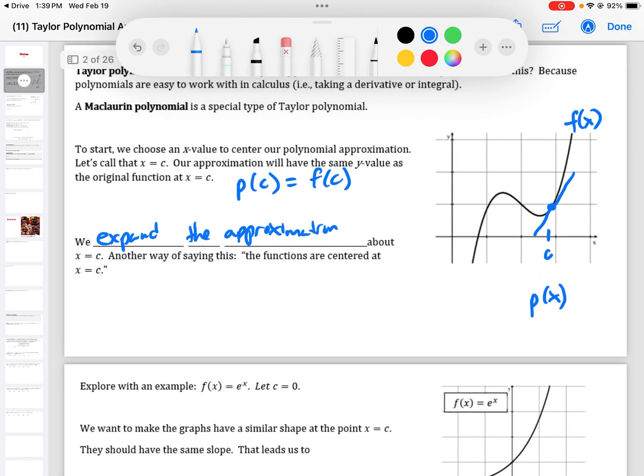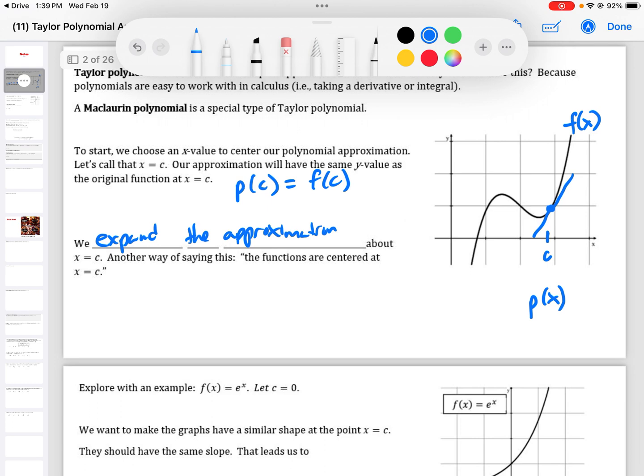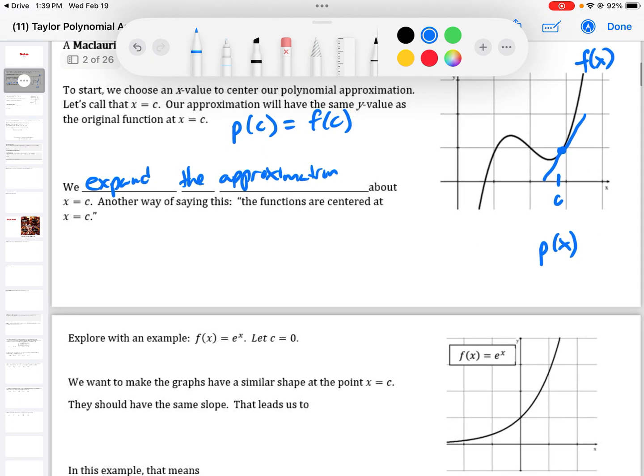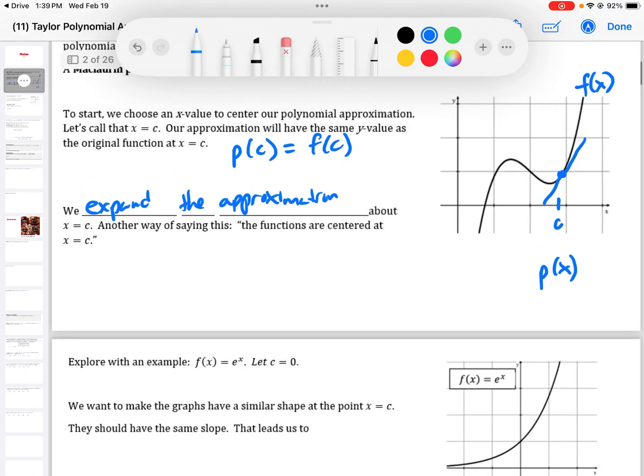So let's look. Explore with this function down here. So this would be a linear approximation, this blue one. If I wanted to make this a quadratic approximation, it might be close. It touches right here.